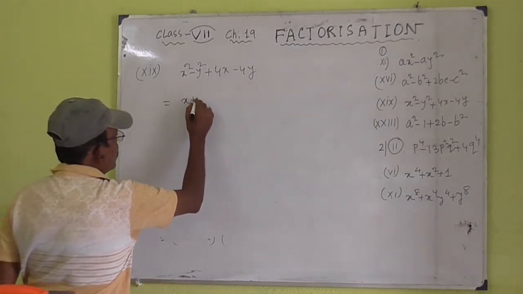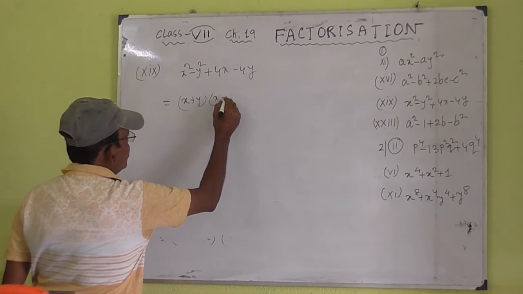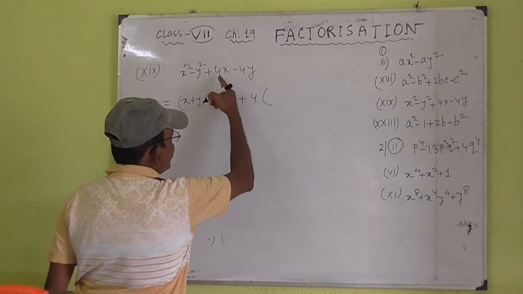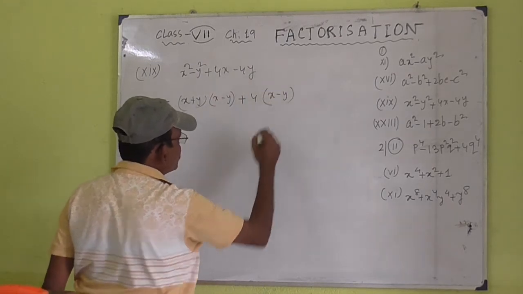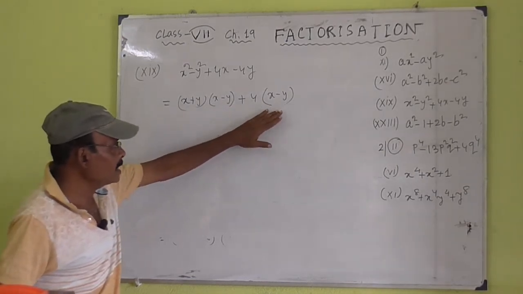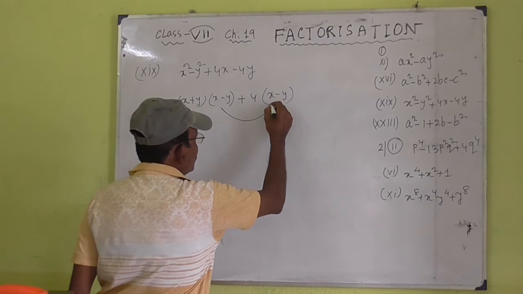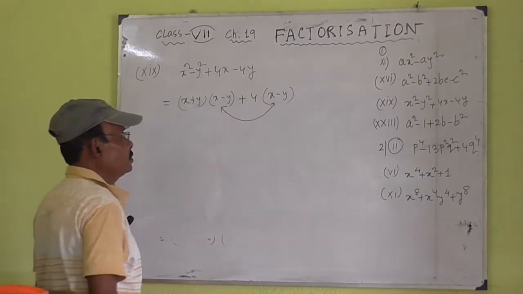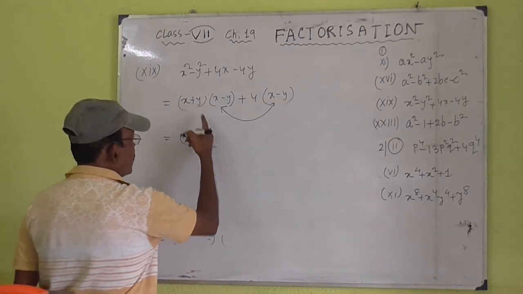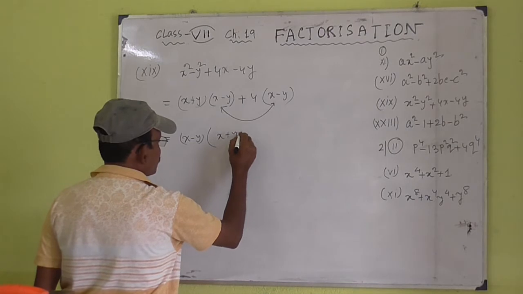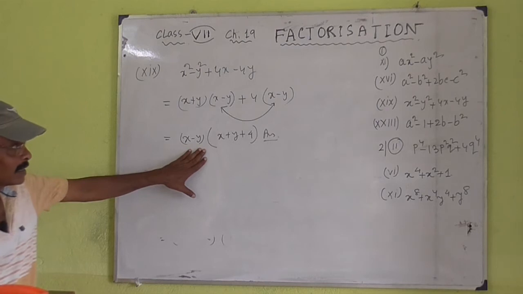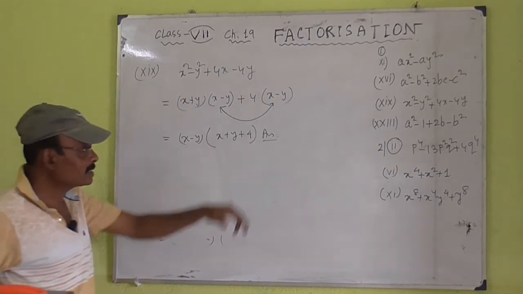So we must write x plus y into x minus y, and take common here x minus y. Here we see that x minus y and here x minus y. So if we take common from the two portions, x minus y and the remaining part x plus y plus 4. This is the answer.